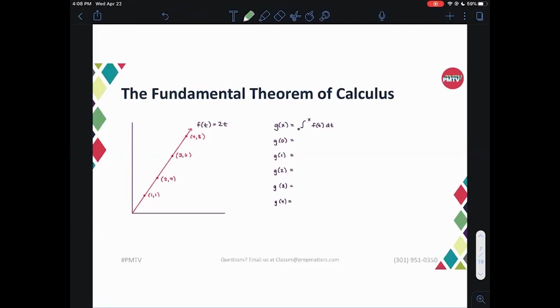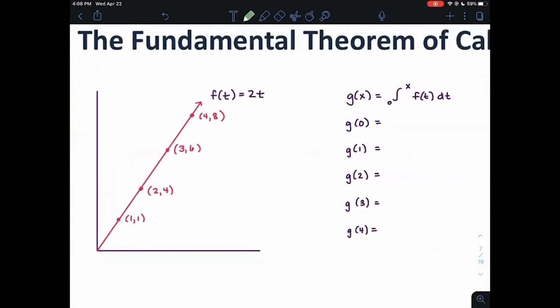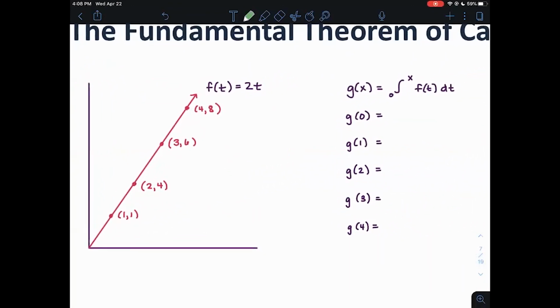So I'm going to step you through this theorem piece by piece so that hopefully it makes a little bit of sense. So let's look at this function here. Let's define f of t as the function 2t, so just a nice, beautiful linear function, so that we have this function here with these specific 4 points, along with many, many others that we're just not going to care about for now.